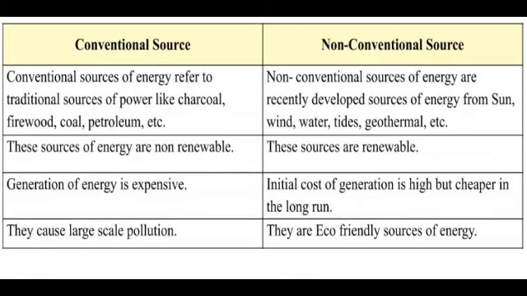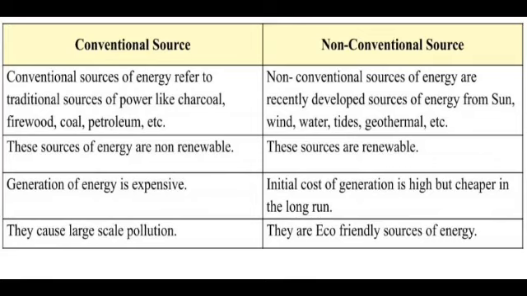Conventional sources are expensive in nature, while non-conventional sources are cheap in nature. We have to invest money. It's like a one-time investment. Money is needed in initial stages during setting up. Conventional sources cause large-scale pollution. Non-conventional sources are eco-friendly. They do not cause large-scale pollution.